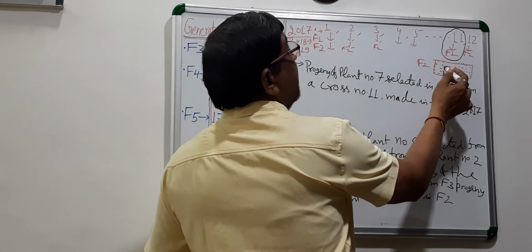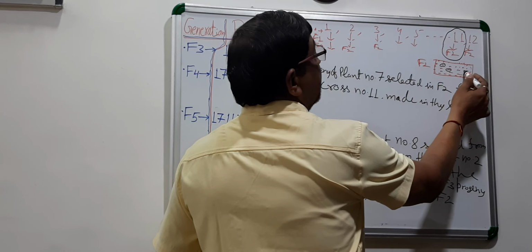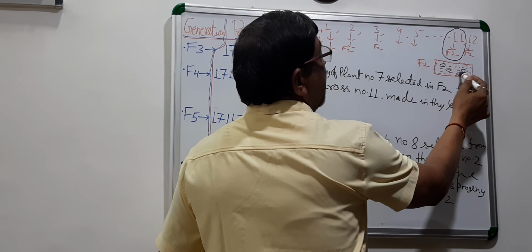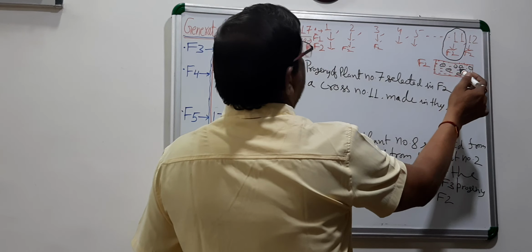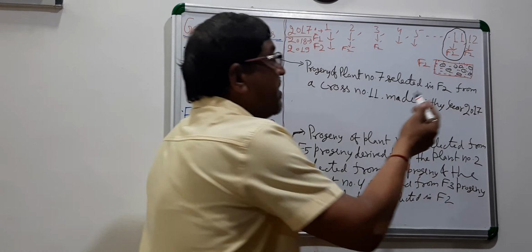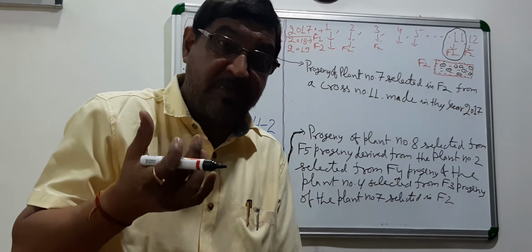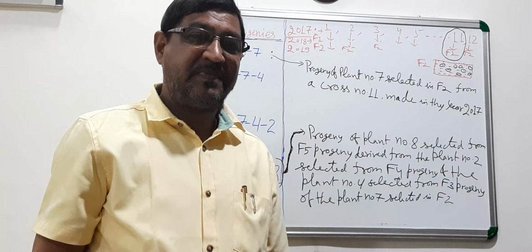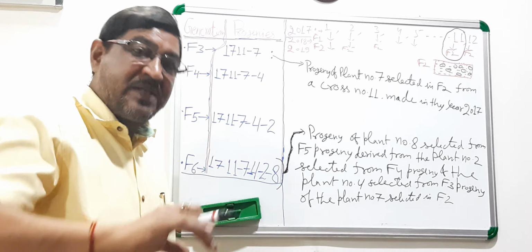Say for example, you have selected 10 transgressive segregant plants. You number them. You harvest them separately.